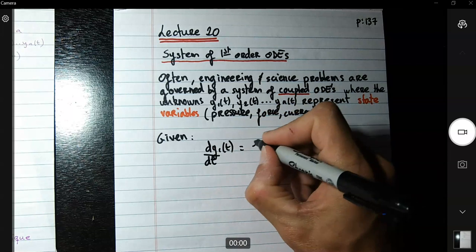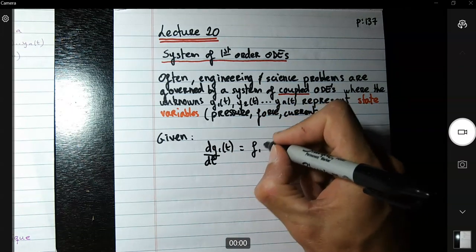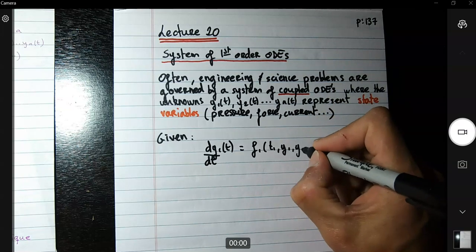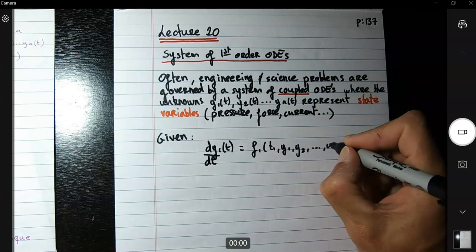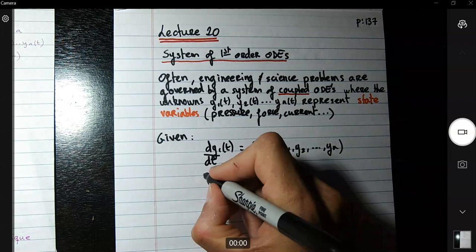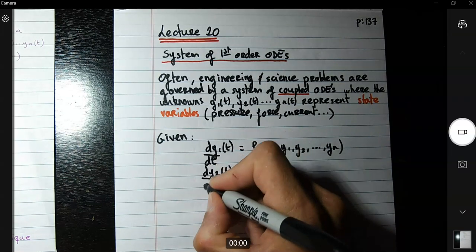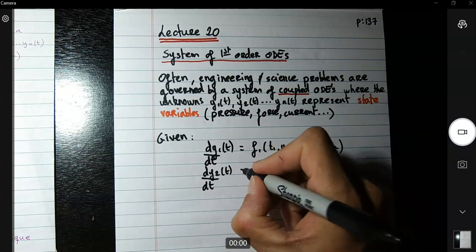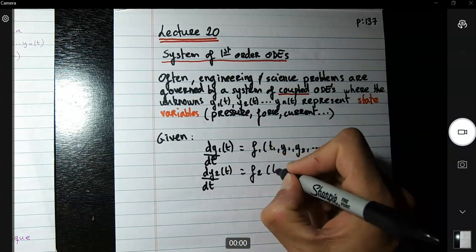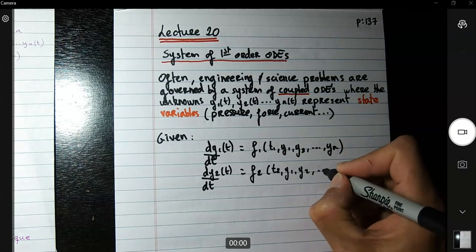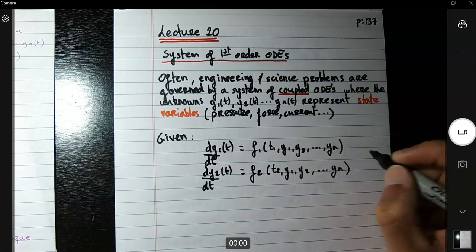Let's say it will be a function f1 of t, y1, y2 to yn. And dy2 dt would be f2 of t, y1, y2, to yn.